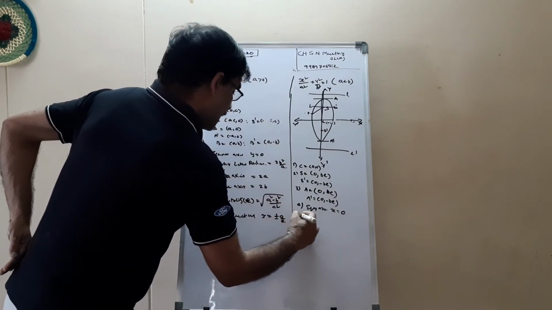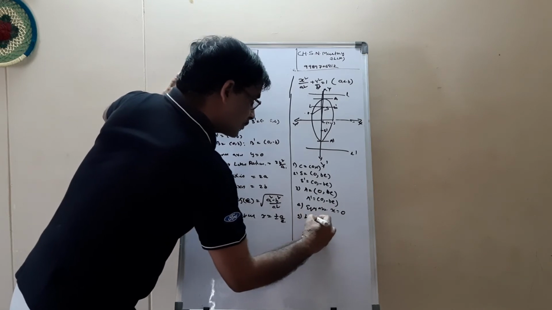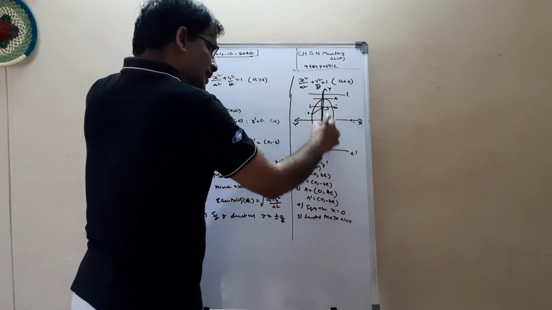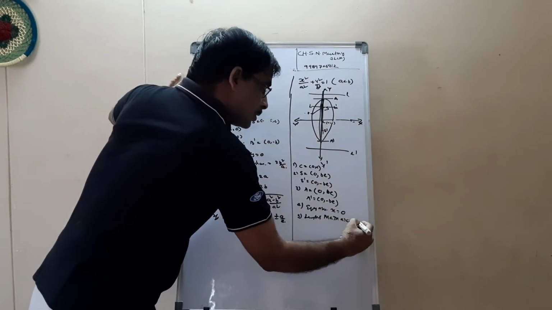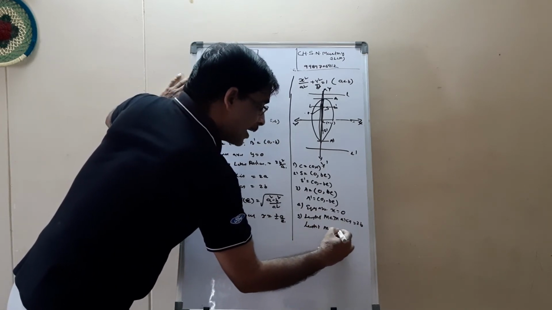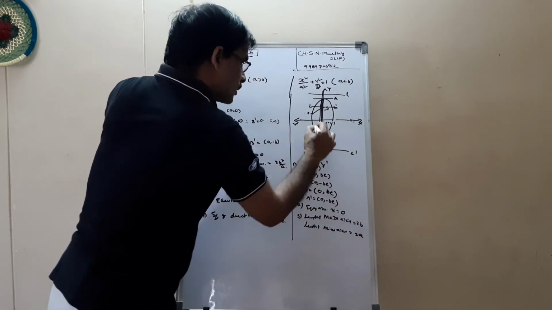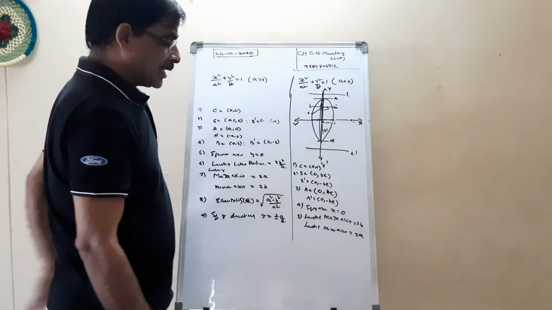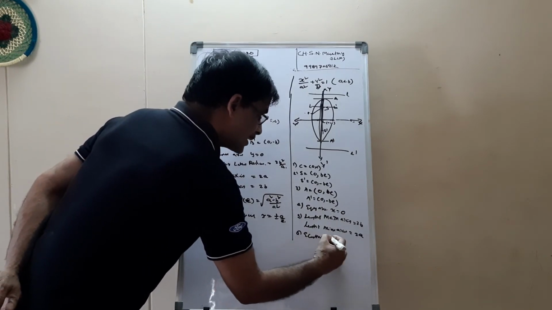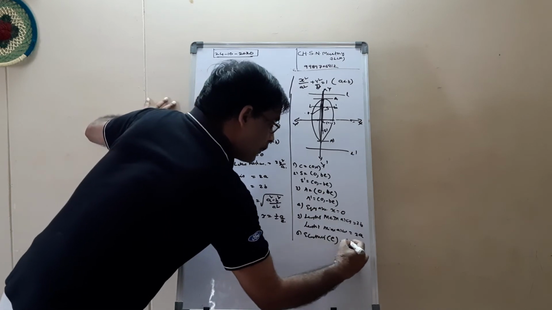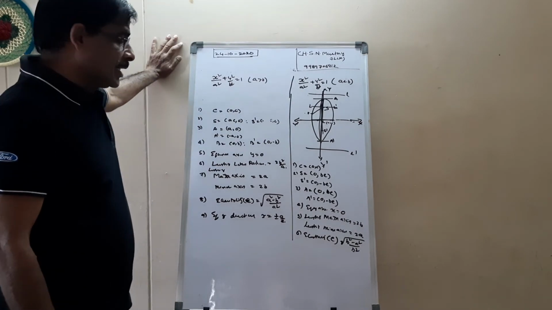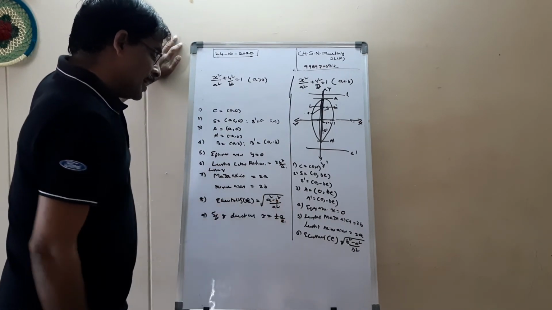Next, the length of the major axis. See, in this diagram, this is the major axis, that is 2b. Next, the length of the minor axis, that is this part, the small one, that is 2a. Next, eccentricity equal to the square root of b square minus a square by b square.